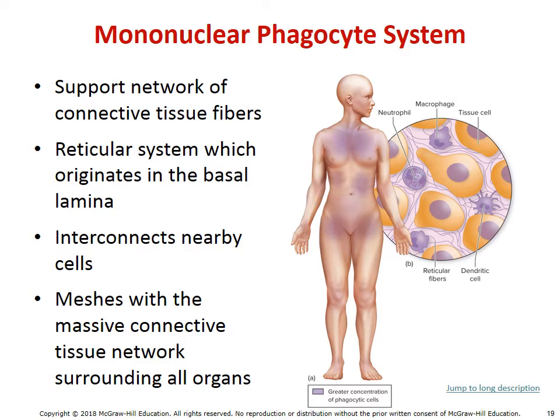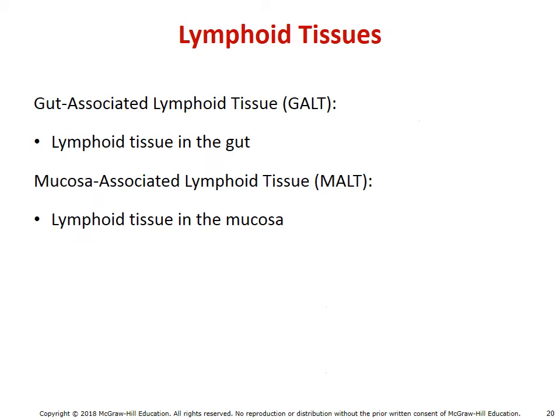The idea here is we're going to, with the MPS, keep white blood cells, phagocytes, in close proximity where pathogens will come in. We have associated lymphoid tissues that will be kind of areas where we have large amounts of MPS. The idea here is we'll have these things in places where we see the greatest risk of pathogens being present.